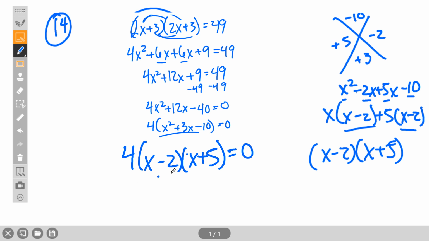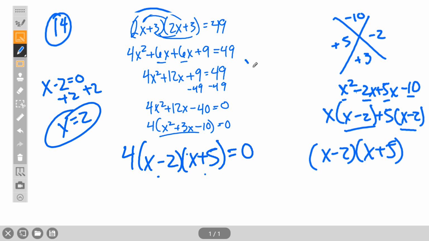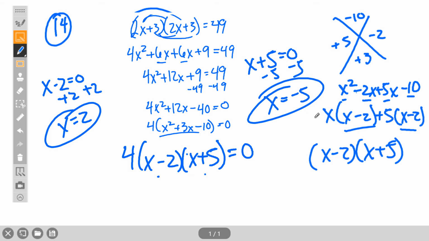Okay, well, these multiply to make 0, so either x minus 2 is 0, meaning x equals 2 is a solution, or x plus 5 equals 0, meaning x equals negative 5 is a solution. Well, remember, we're talking about side length, and the side length of each of them is 2x plus 3.